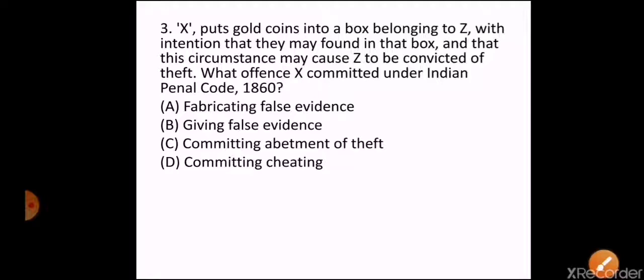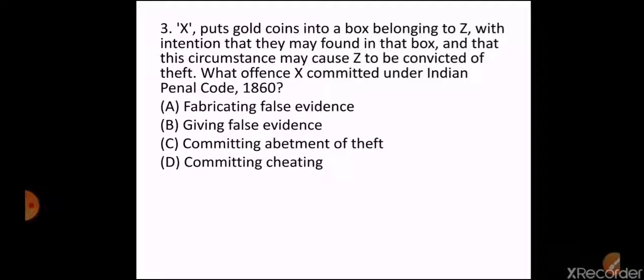The next question is, X puts gold coins into a box belonging to Z with the intention that they may be found in that box, and that the circumstance may cause Z to be convicted of theft. What offence has X committed under the Indian Penal Code 1860? A. Fabricating false evidence, B. Giving false evidence, C. Committing abetment of theft, D. Committing cheating.